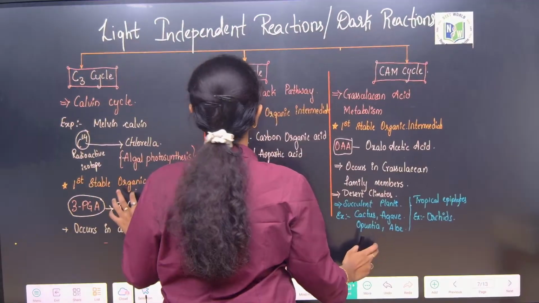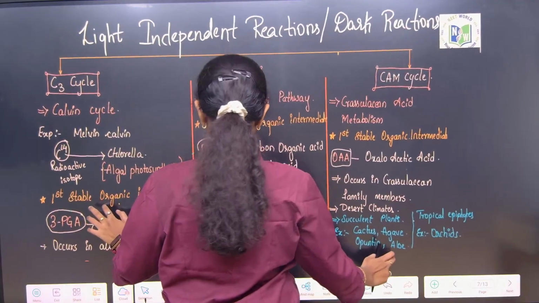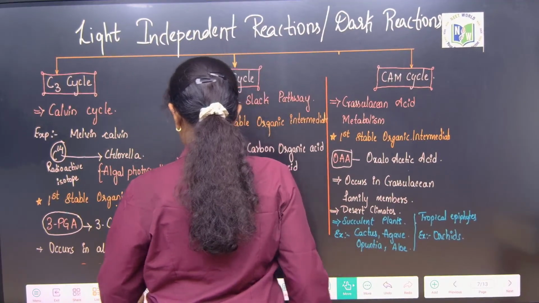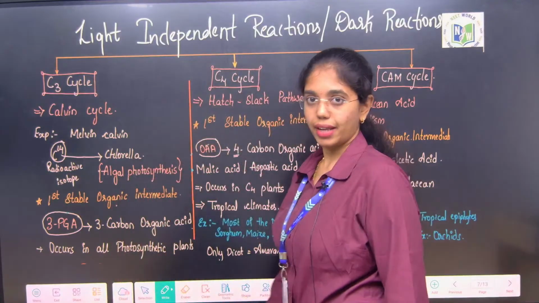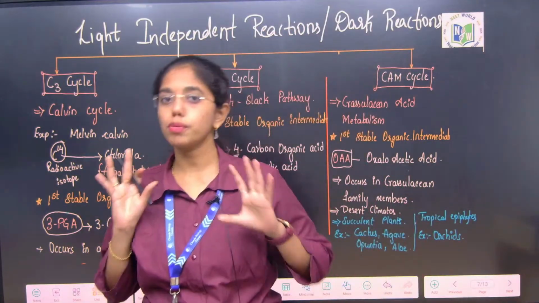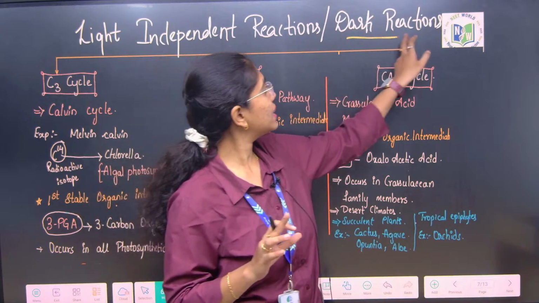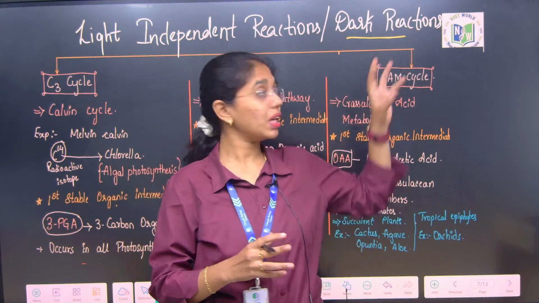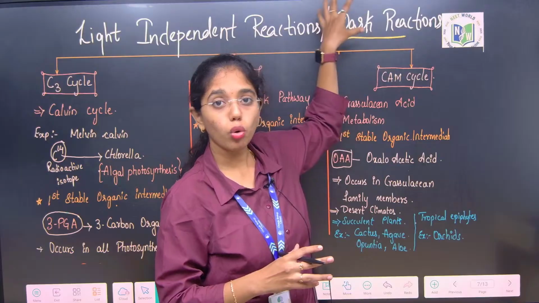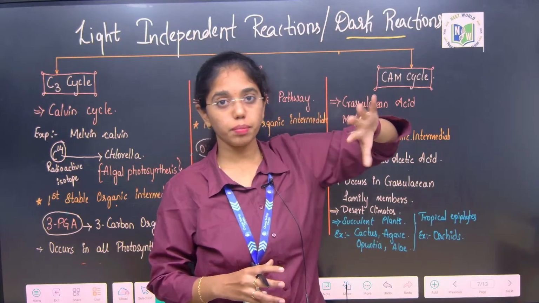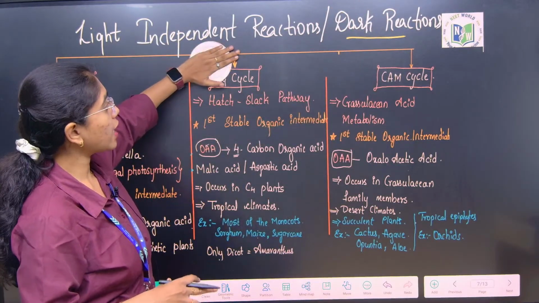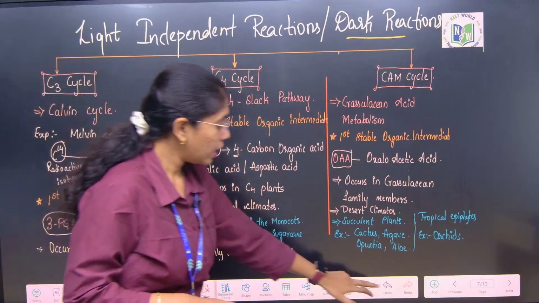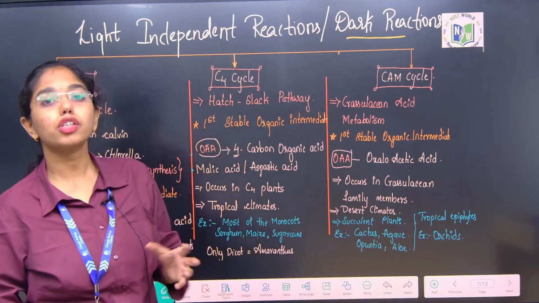So here look at it carefully and answer. Calling light independent reactions as dark reactions is a misnomer, because what does the term dark reaction mean? It means that these reactions occur only in the dark. It doesn't mean that.